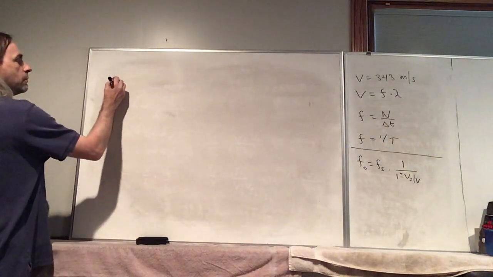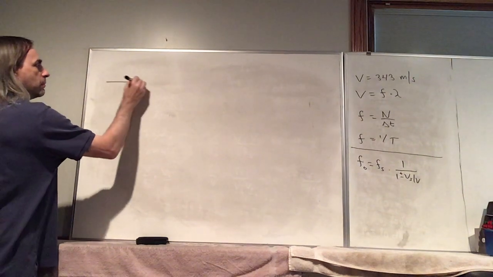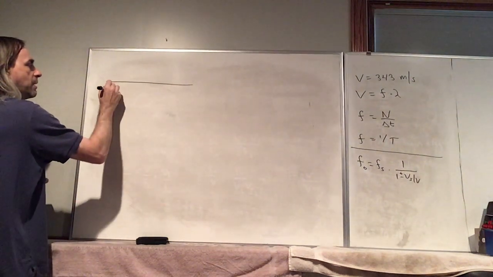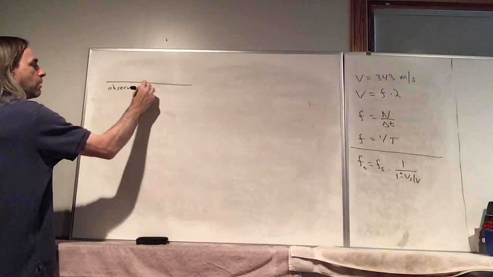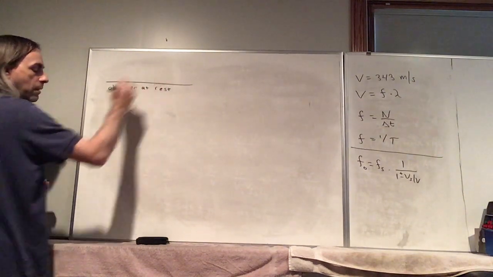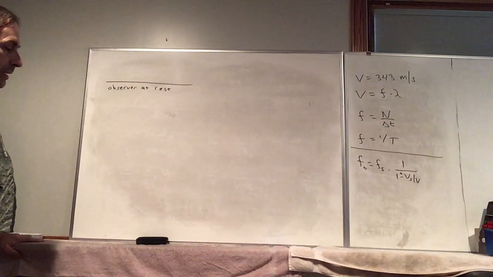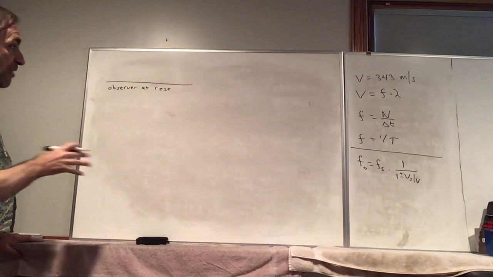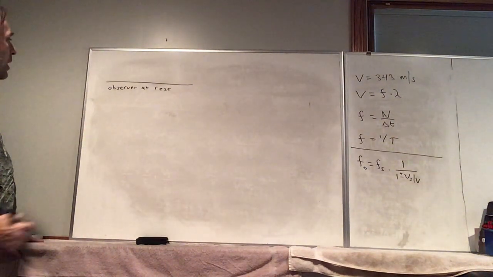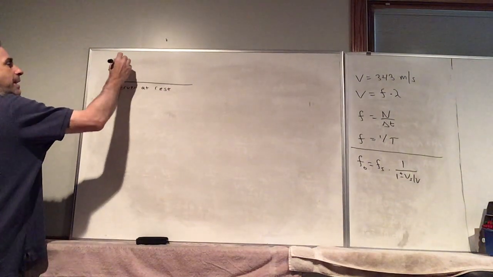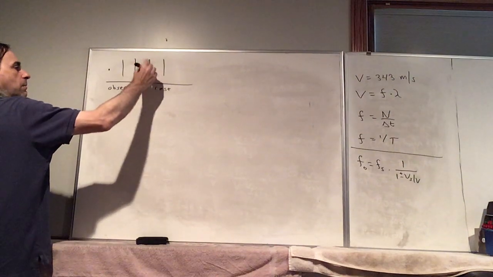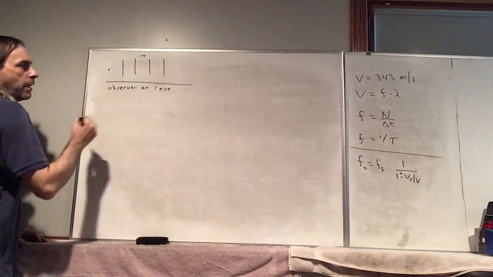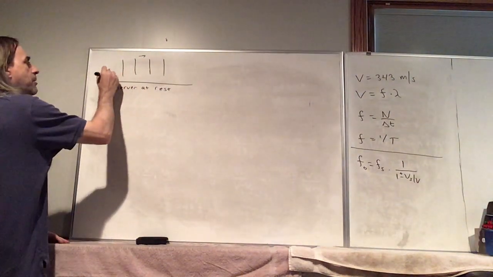First, let's say this is the observer at rest. We're going to consider a stationary source, so we have the source that is sending out wavefronts, and we have a stationary observer.